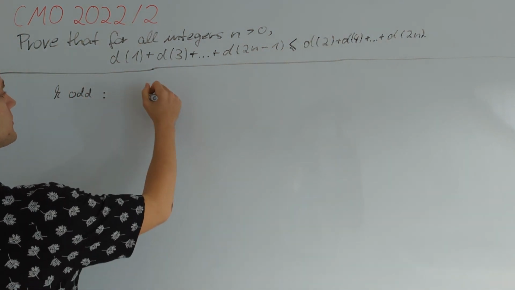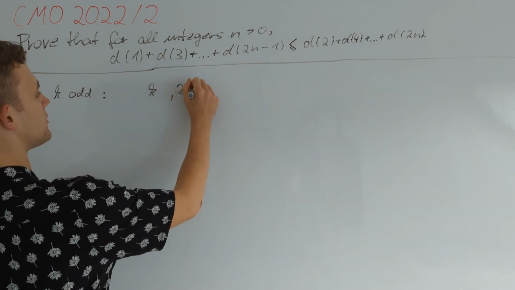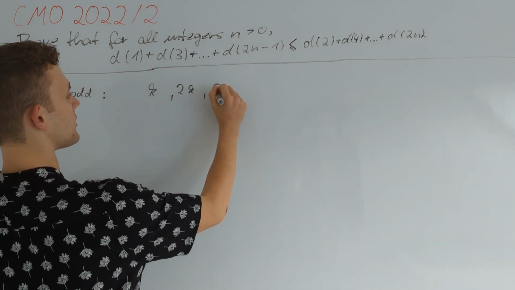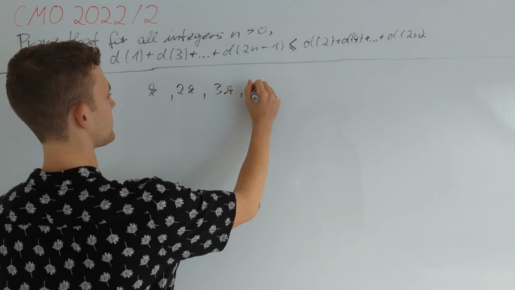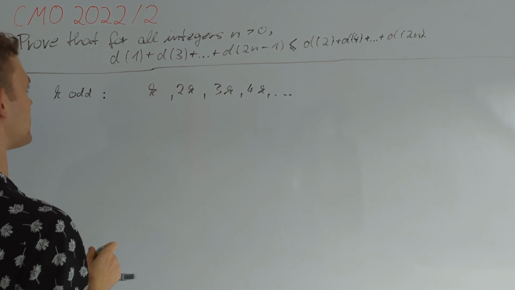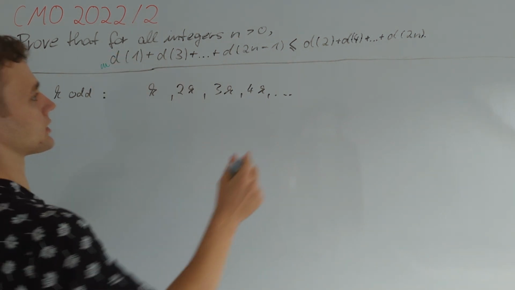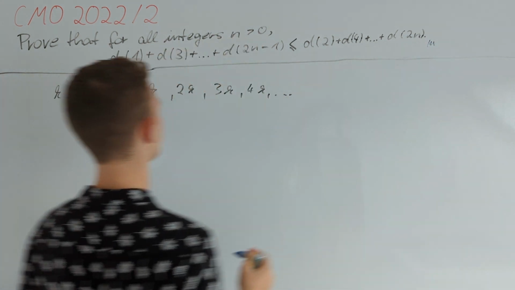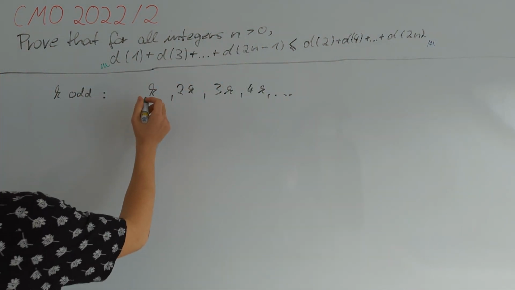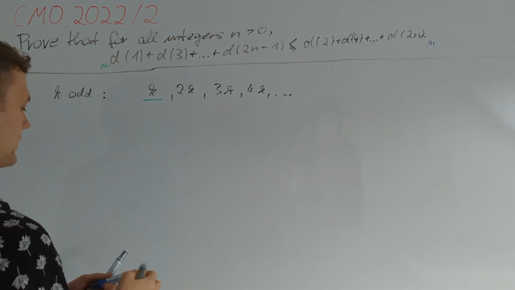For k odd, we know that k is odd, 2k is even, 3k is odd, 4k is even, and so on. Therefore, if we color code both of these sums with, for example, green and blue, then since k is odd, it's going to contribute to the sum on the left.